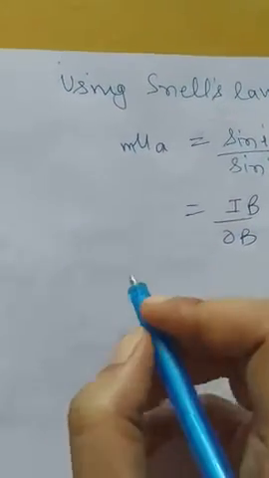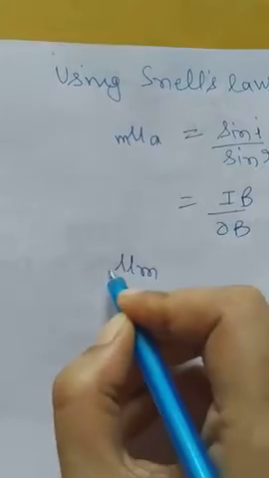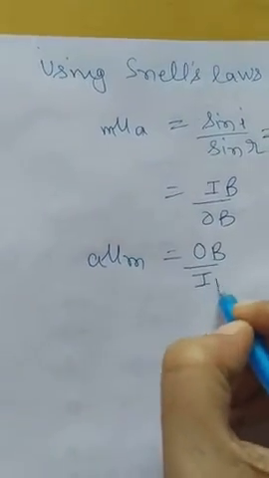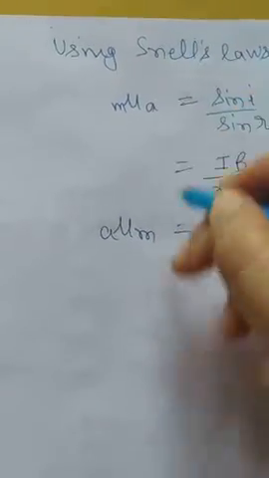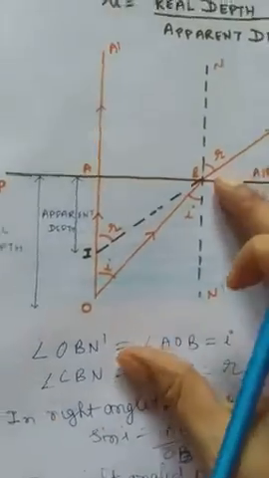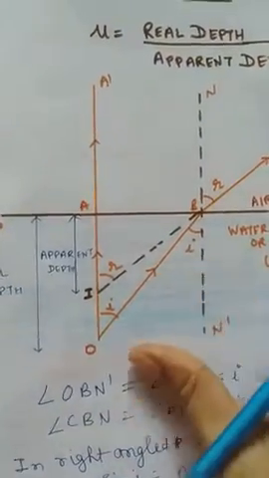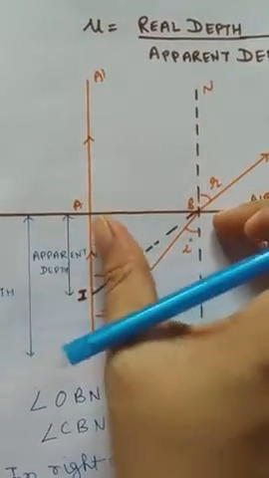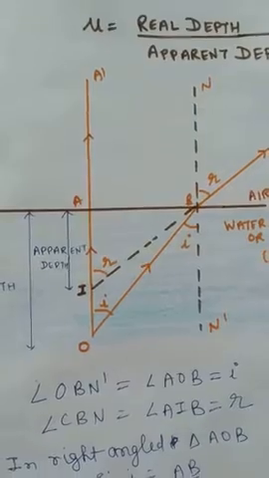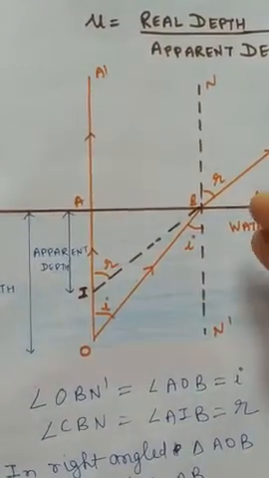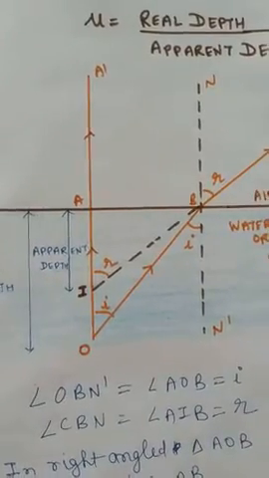So the refractive index of air with respect to medium is IB upon OB. So the refractive index of medium with respect to air will be OB upon IB, because they are reciprocal to each other. Now in the ray diagram, we show that these two rays are separated at some distance, but actually they are very close to each other, such that these two rays fall on your eye simultaneously.